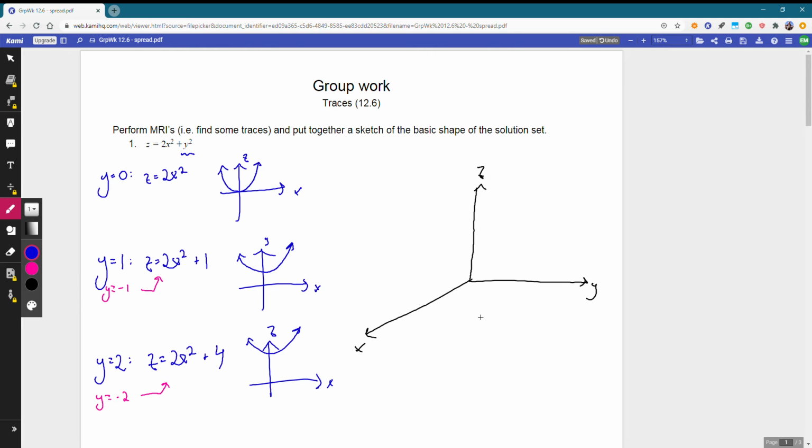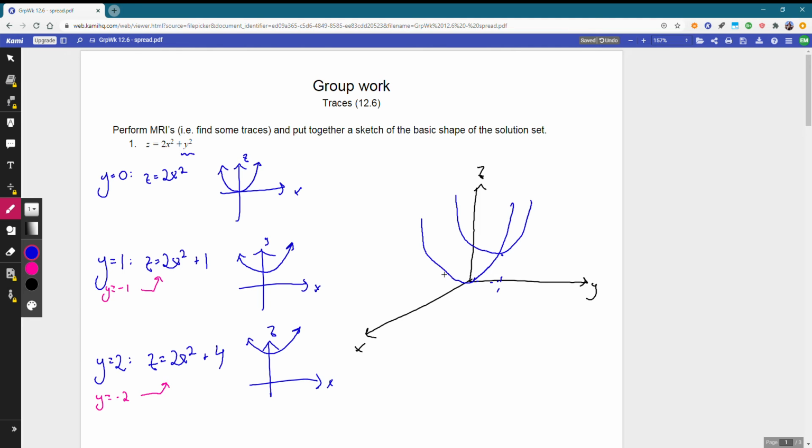All right, so looking at our first one, y equals 0, the xz plane here. So here we have our parabola, looks kind of like that. Y equals 1 gets pushed up by 1. Our parabola is pushed up by 1, so something like this.